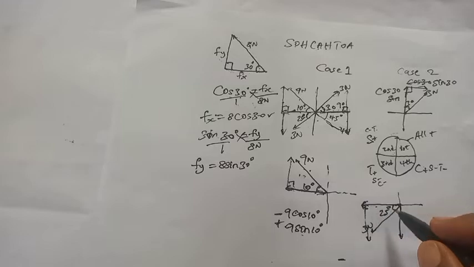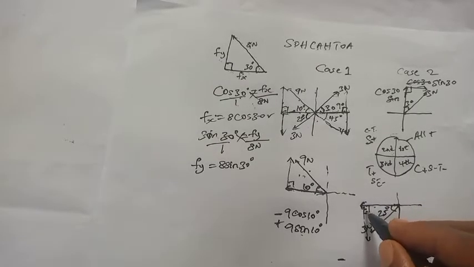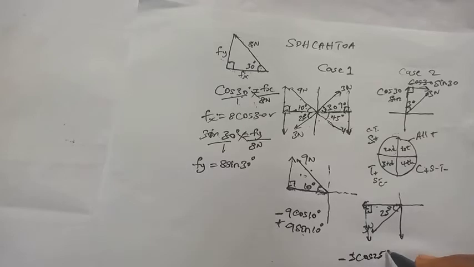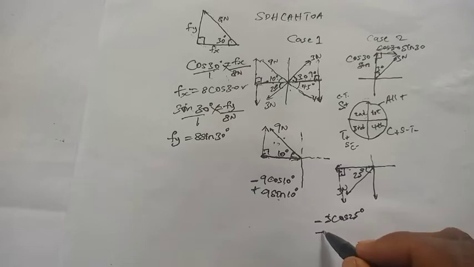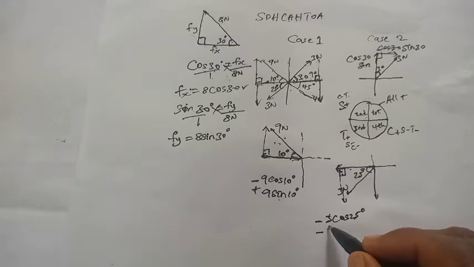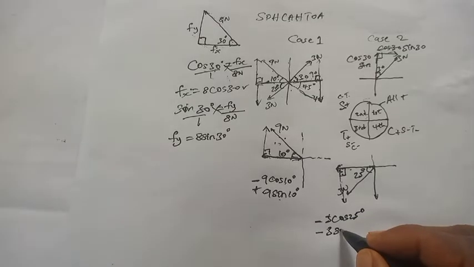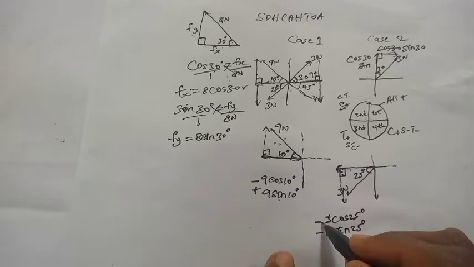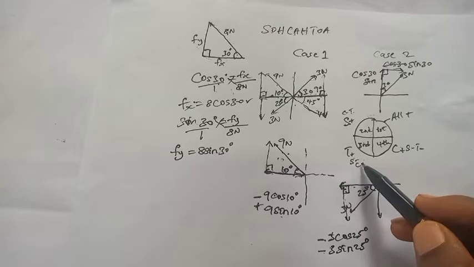So if you want to resolve this force, this line is the horizontal component. It has 90 degrees and this angle, so we have negative 3 cosine 25 degrees, and the y-axis, which is the vertical component, will be 3 sine 25 degrees. Both carry negative signs because in this third quadrant both sine and cosine are negative.